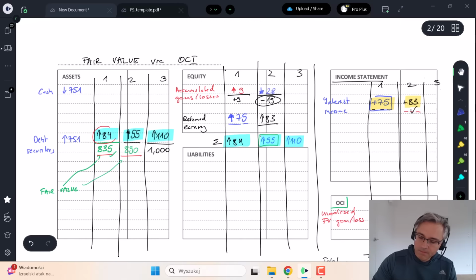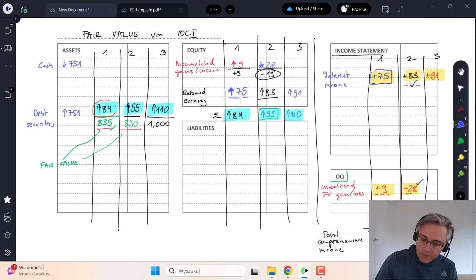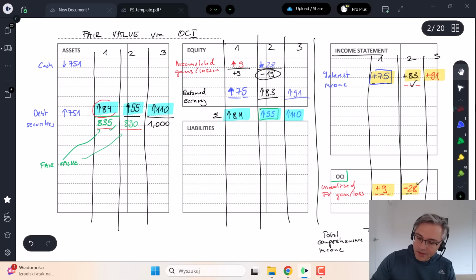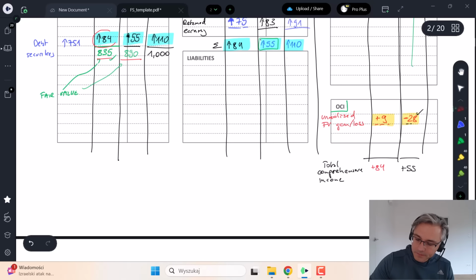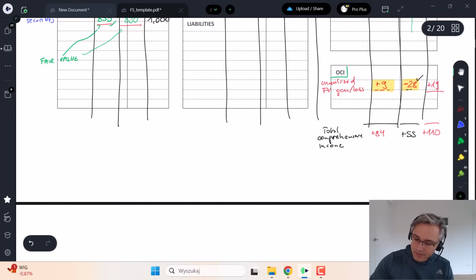So let me enter this over here, plus 91, going to P&L, and of course going to retained earnings as well. In order to get all the way up to 110, we need an additional 19, and that 19 passes through OCI. It's positive, so as to give a total comprehensive income of 110.